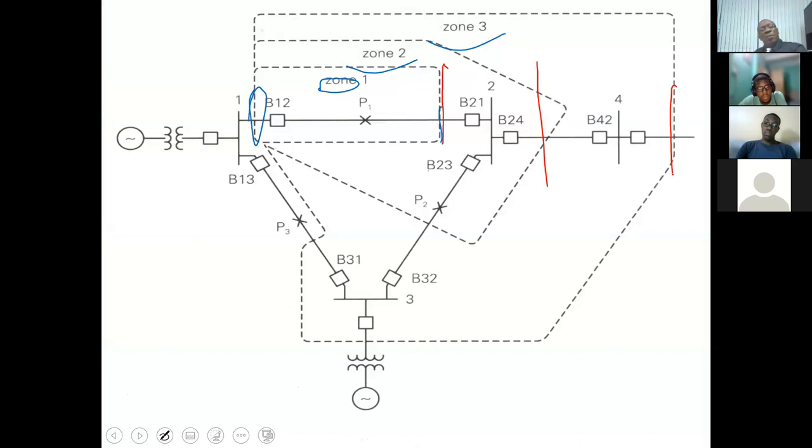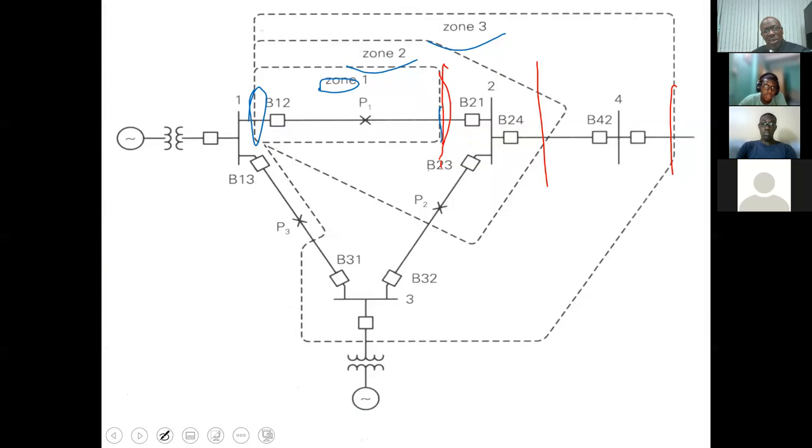So what we have is that when the fault occurs, if the fault occurs on line 1 to 2, up to where we have zone 1, what the impedance relay will do, it will measure the impedance based on the current that is flowing into that fault, and of course the voltage at the point. It will measure the impedance, and if the impedance falls below the zone 1 setting, it will say, aha, the fault is on the line that I am protecting, and therefore it will clear the fault.